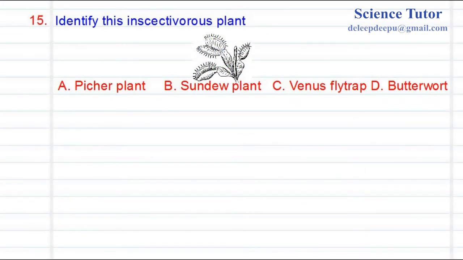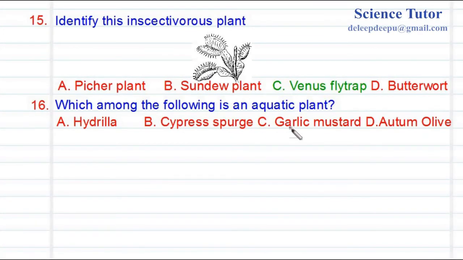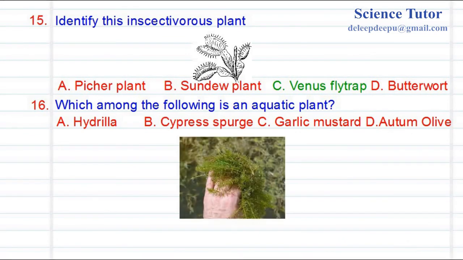Next question is identify this insectivorous plant. Pitcher plant, sundew plant, Venus flytrap, or butterwort. Venus flytrap is a plant native to the California area in the US. Here the option C is correct. Our next question is which among the following is an aquatic plant? Hydrilla, cypress birch, garlic mustard, or autumn olive.